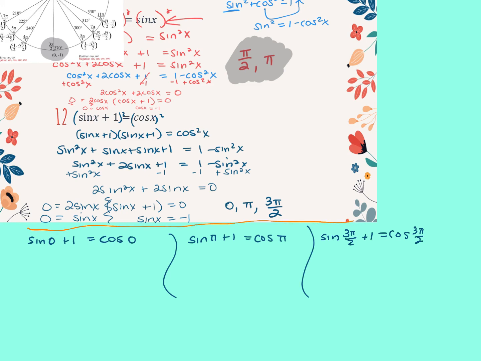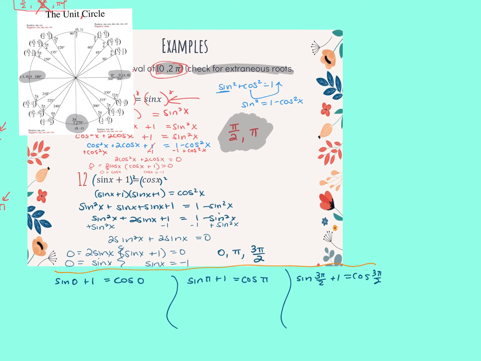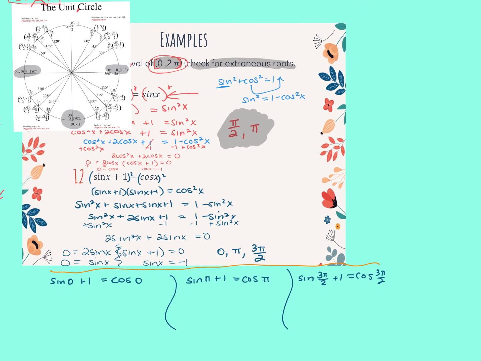So the check part. Sine at 0 is 0 plus 1 equals the cosine of 0 is 1. That one works. Sine at pi is 0. Cosine at pi is negative 1. That one doesn't work, right?